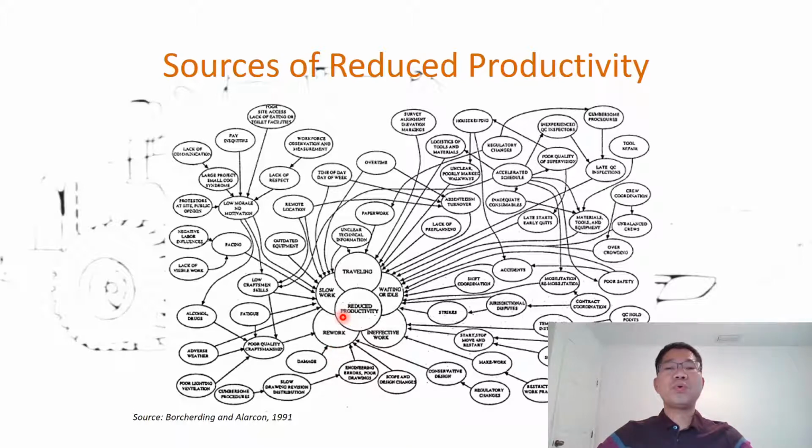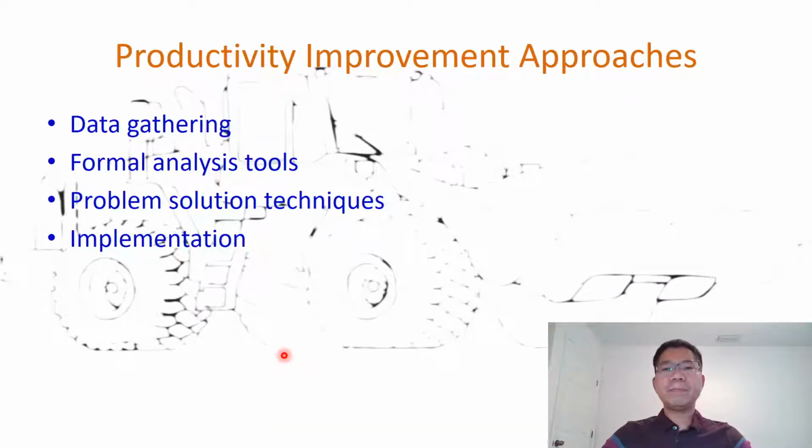For example, with rework, you have damage, or you have poor quality of work, where the work conducted does not meet the specification as stated by the designer. All of that will affect productivity. And then to improve productivity and get away from the reduced productivity, we need an approach to improve.